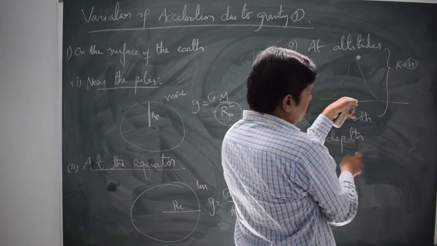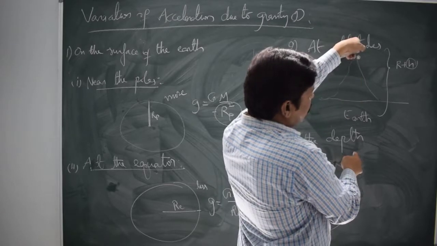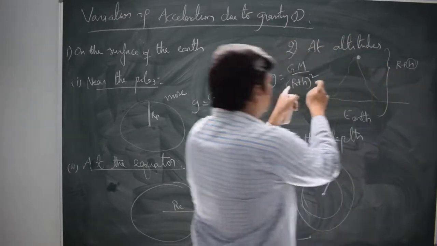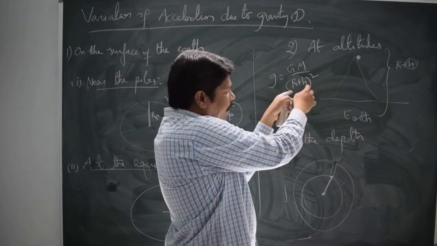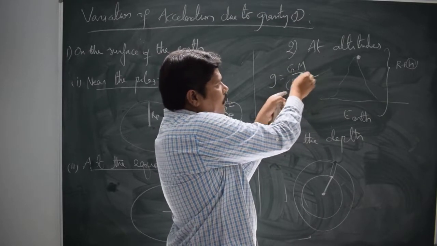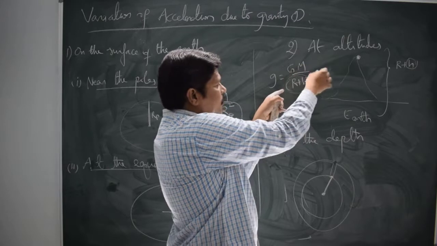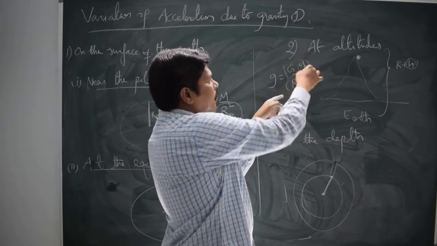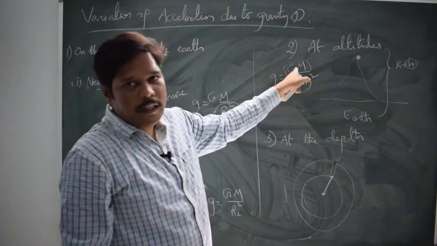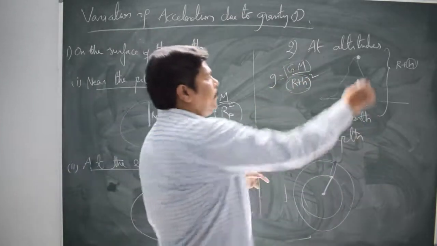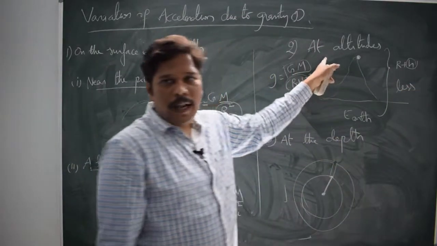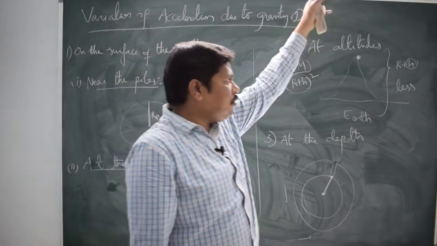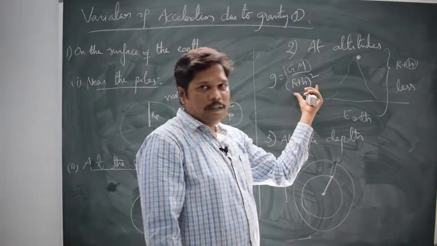We have to include the radius of the earth as well as that height. As a result, in the formula g equals GM by r square, the denominator increases. As there is an increase in the denominator, and we are squaring it, the value of the fraction decreases. So when we go to altitudes, the acceleration due to gravity decreases. As we go up, the acceleration due to gravity decreases.